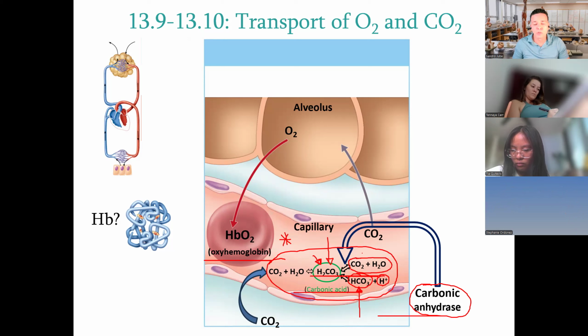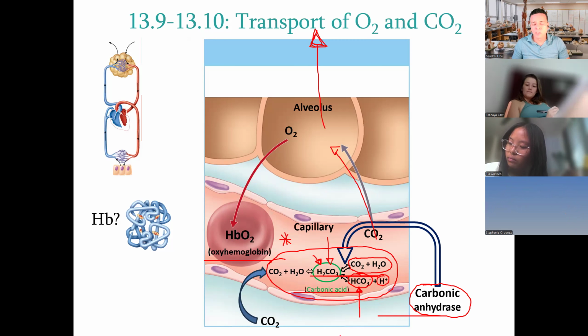And now the CO2 can leave the capillary, go into the lungs, and this is happening by diffusion, by the way. It is diffusion that is driving this exchange of gases. And when we exhale, we get rid of the CO2.